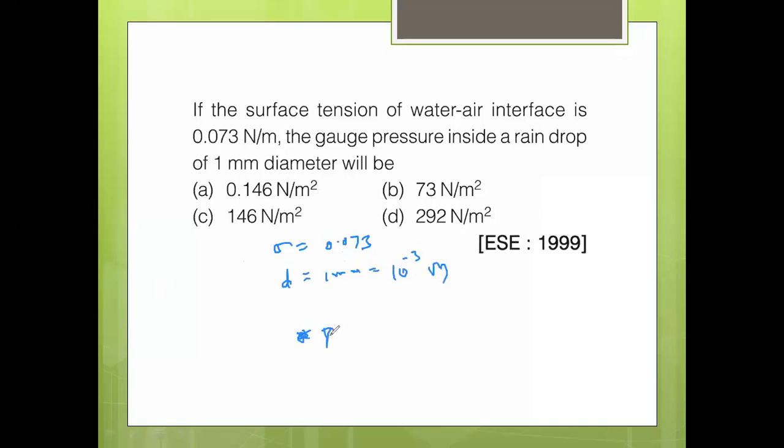P is equal to 4 sigma by D, that is 4 into 0.073 divided by 10 to the power minus 3. This will go up, do the multiplication and tell me, let me check the answer. 4 into 0.073 into 10 to the power 3. 292 is the correct answer here, option D.